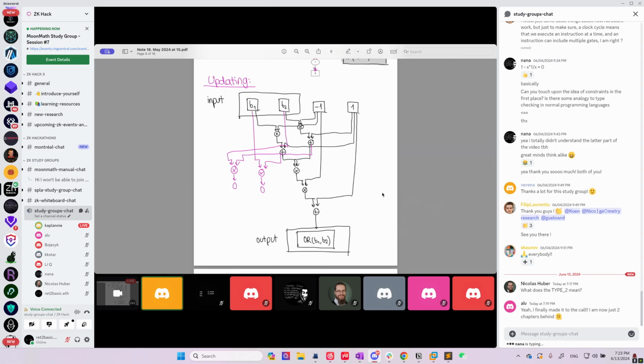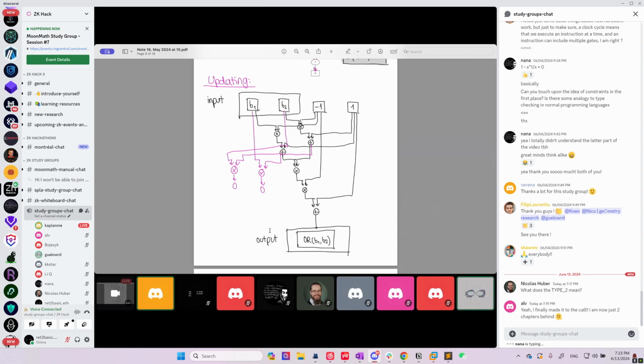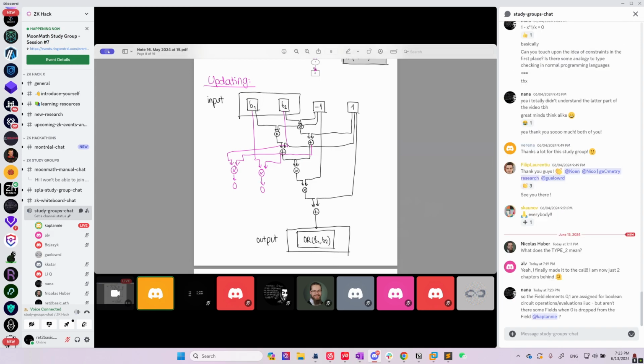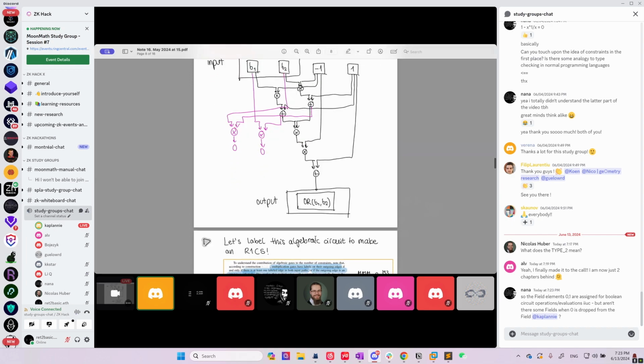Okay, so this would be the actually updated circuit, and for this circuit, if we constrain this to 0, if the sink nodes are going to be 0, then we can actually say that the output is going to be the actual OR operation, and not something else completely. Okay, cool. So that was the idea of this exercise.